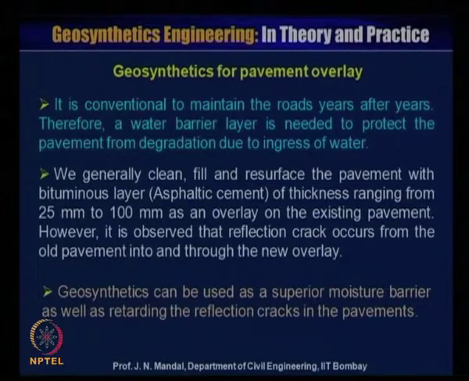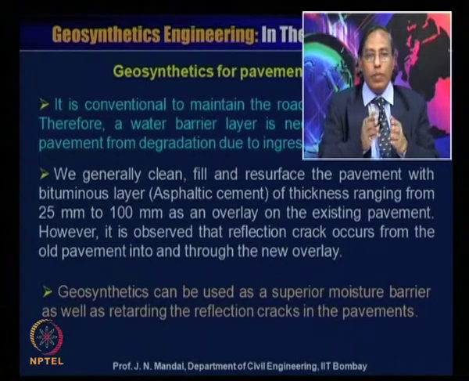Now, geosynthetics for pavement overlay. It is conventional to maintain the road year after year. Therefore, a water barrier layer is needed to protect the pavement from degradation due to ingress of water. What we do is generally clean, fill and resurface the pavement with a bituminous layer, that is asphaltic cement, of thickness ranging from 25 millimeter to 100 millimeter as an overlay on the existing pavement.